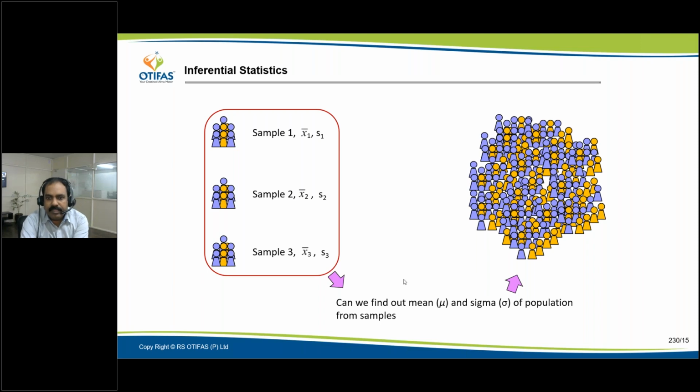Now I think you understood that. We have sample 1 and sample 2 data. With the help of the sample statistic, we are going to find out the population parameter. With this, we are going to find out what the population mean and sigma could be.